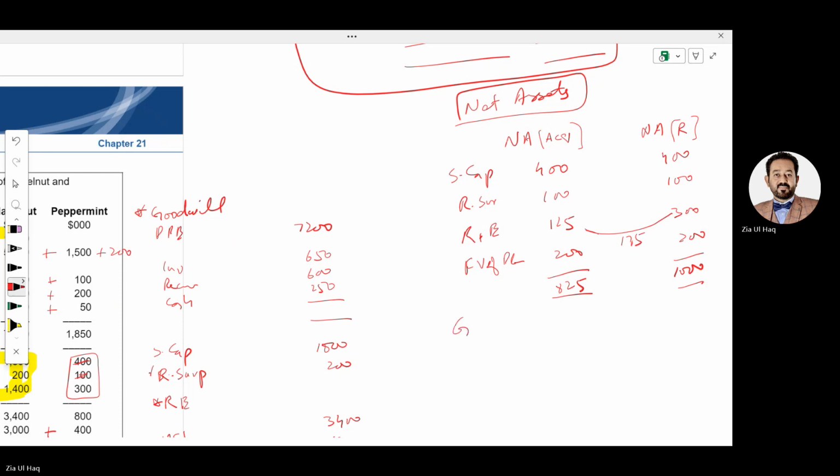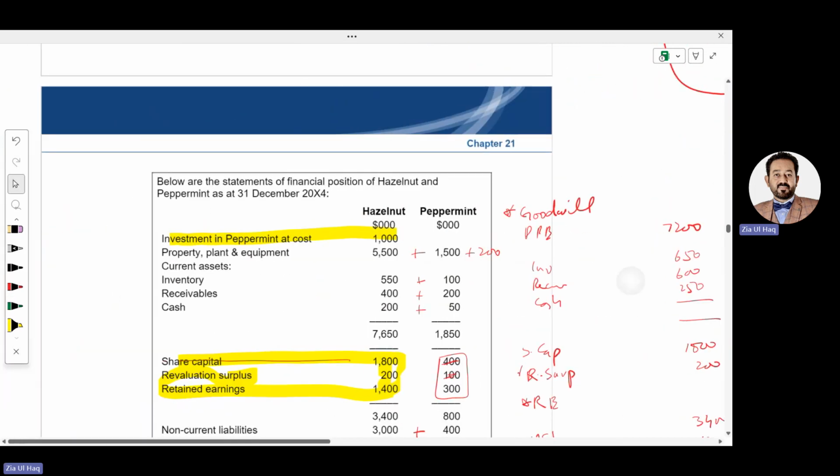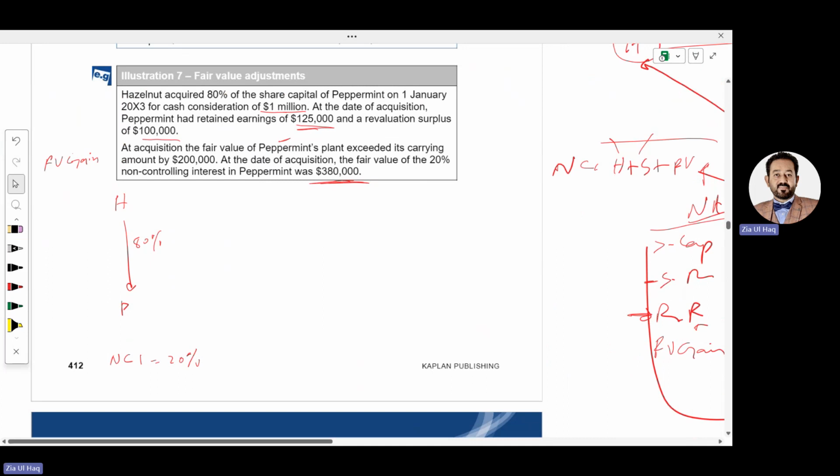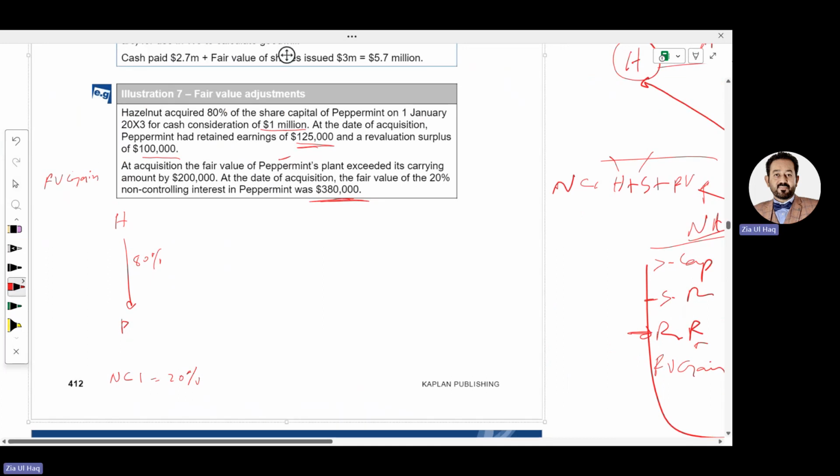Now goodwill. What is the consideration paid? 1 million. What is the non-controlling interest fair value? It's given in the question. How much is that? 380.